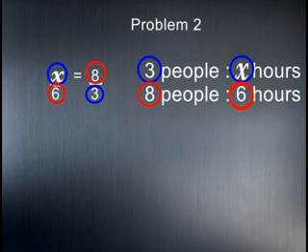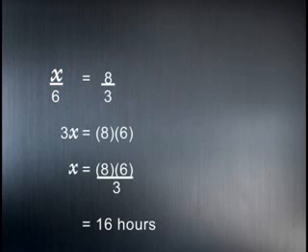Now you can find how long it will take 3 people to dig the trench. Then we calculate x by cross-multiplying 3 with x equal to 8 multiplied by 6. That gives us an answer of 16 hours. Let's hope Sam could solve the problems easily.